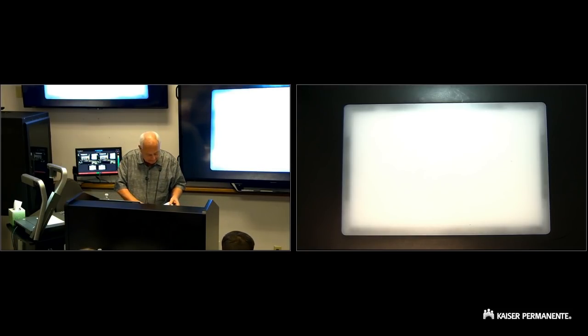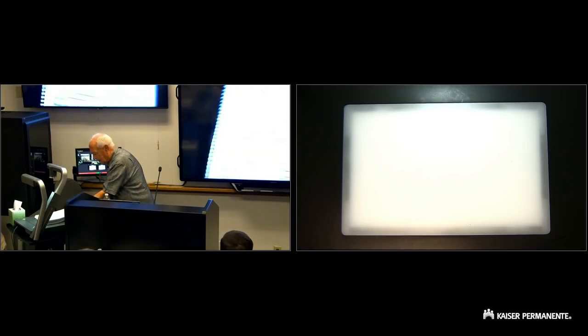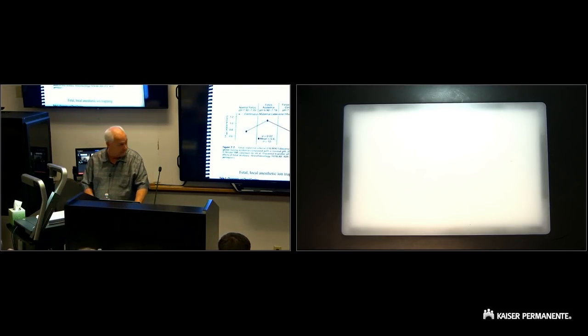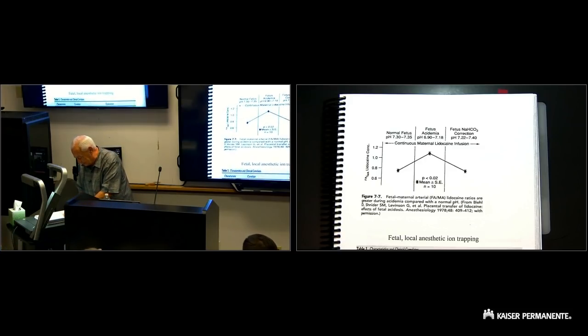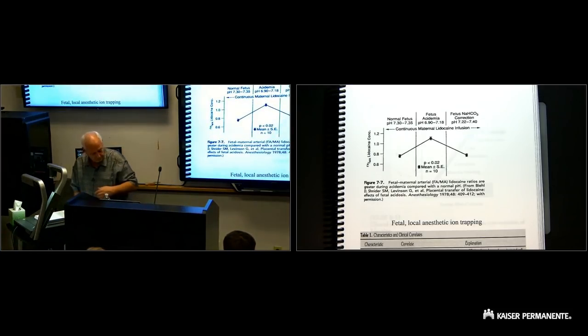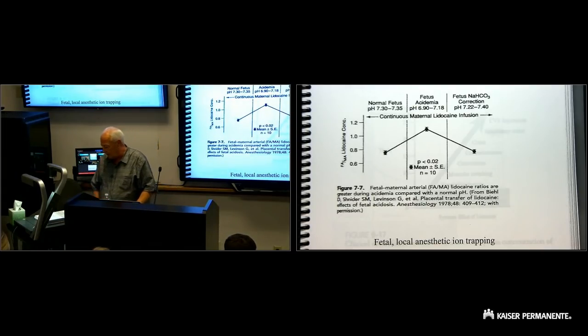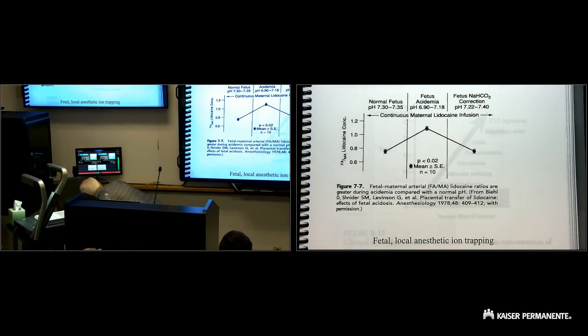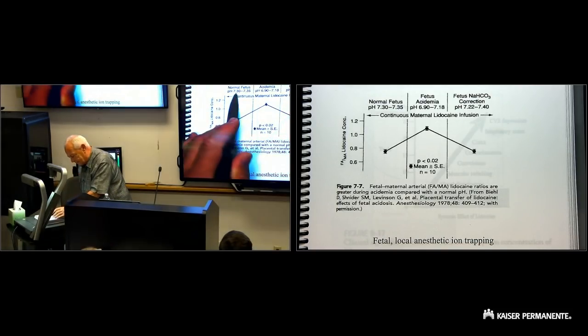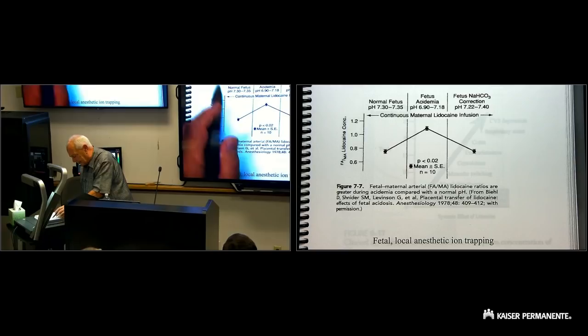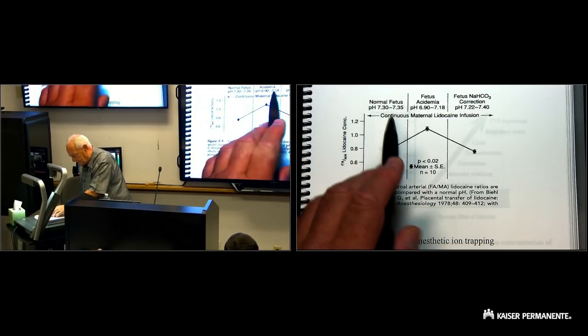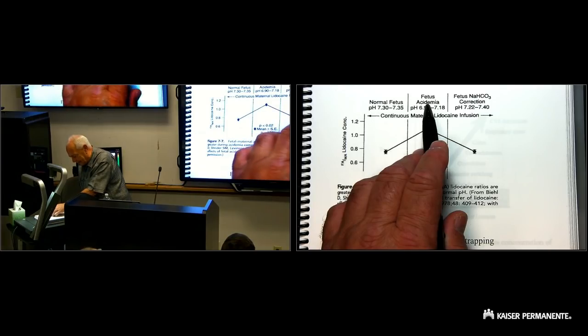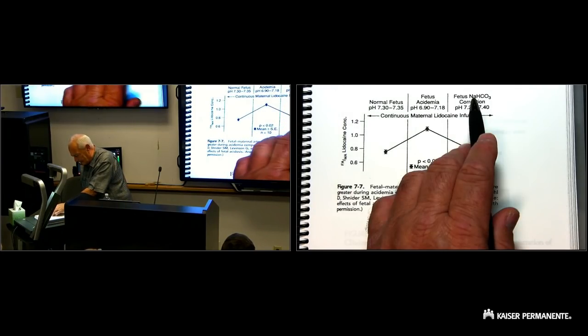Let's take a look at the top of the next page, 86. I've got a little figure here to show you that. This is plotting lidocaine concentration in a normal fetus, an acidotic fetus. Then they corrected the fetal pH with bicarb, and it went back to normal.